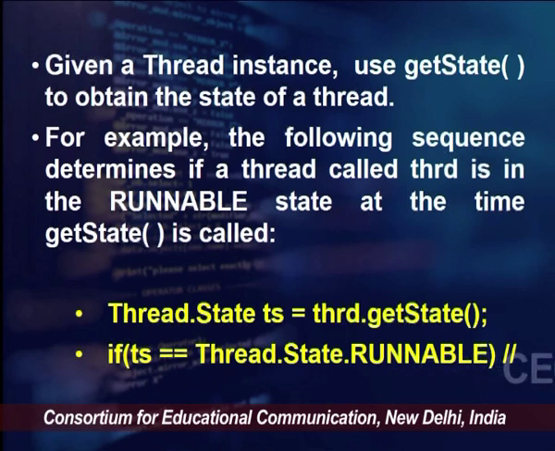We have seen new, blocked, runnable, waiting, and timed waiting, and if we want to use these states for higher programming purposes, they can be used as in the example of this if statement, if ts equals Thread.State.RUNNABLE. That is how these states are utilized inside a program.